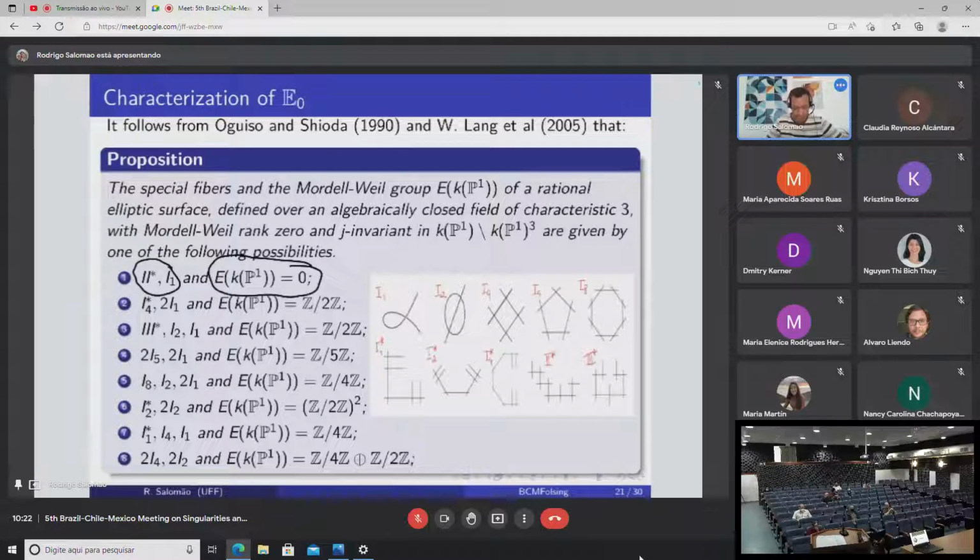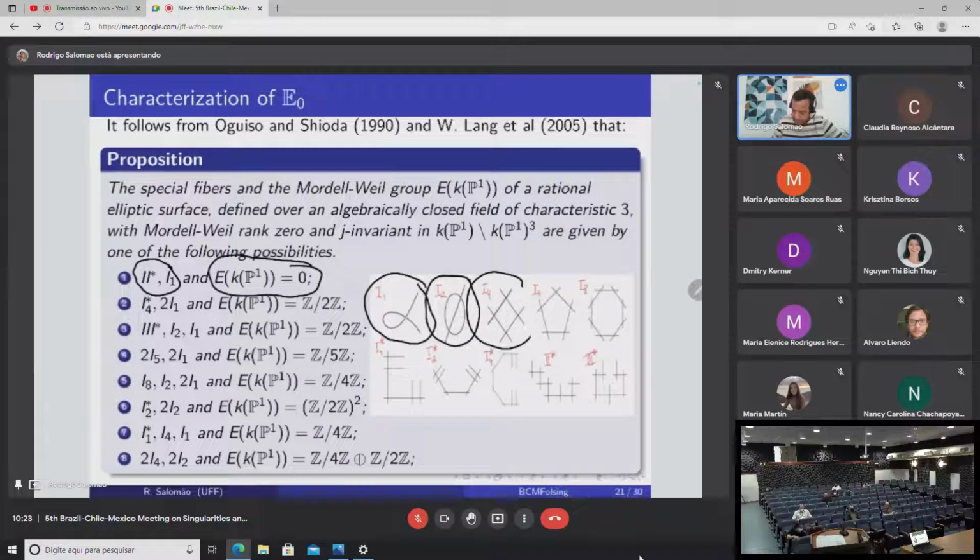Okay, these notations were introduced by Kodaira, and in geometry they mean exactly these curves given here in this box.